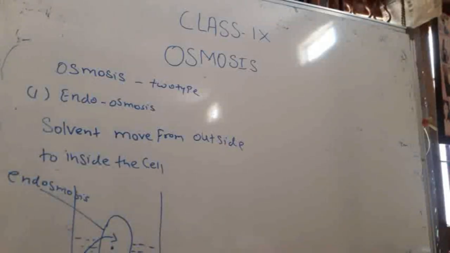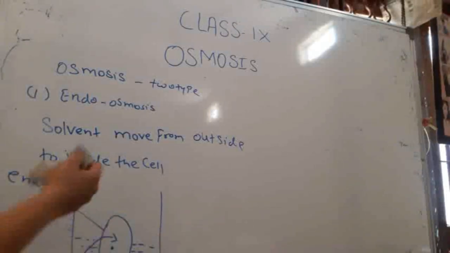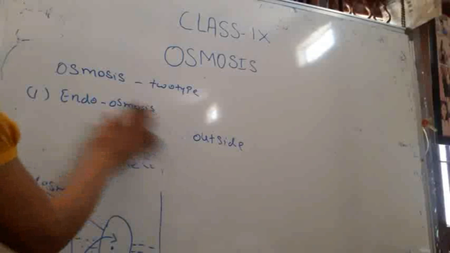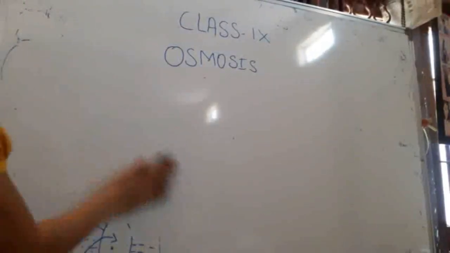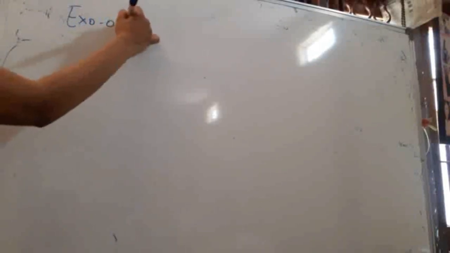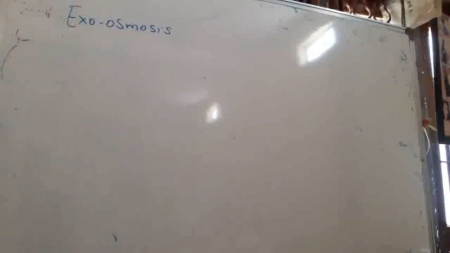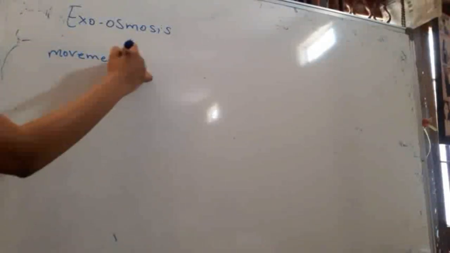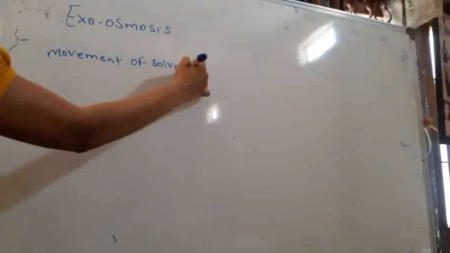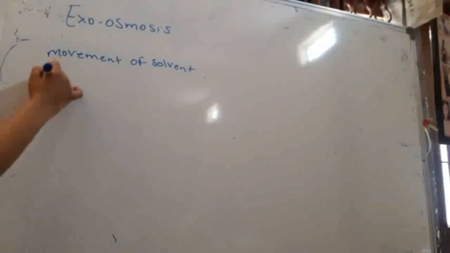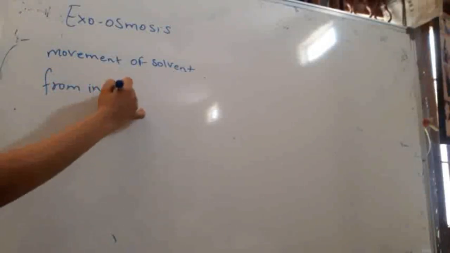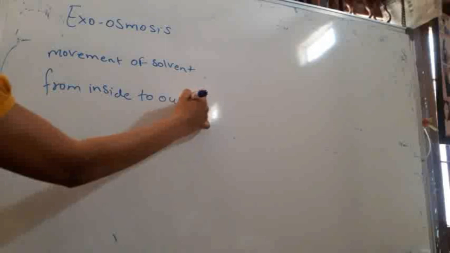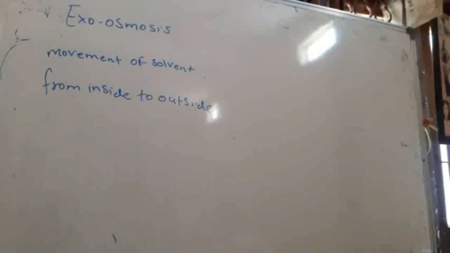Now let us take another type of osmosis, that is exoosmosis. Exoosmosis is the movement of solvent from inside to outside of the cell.